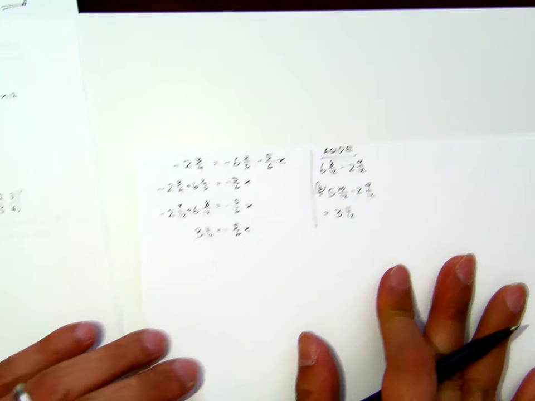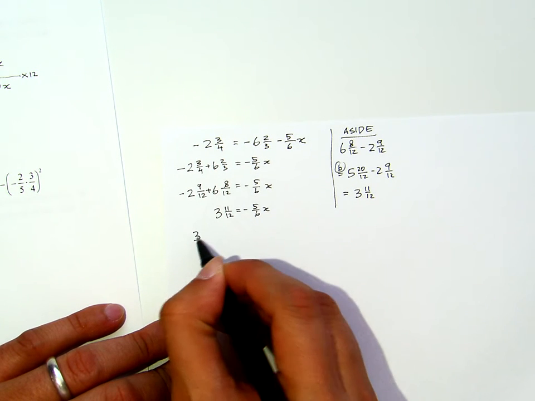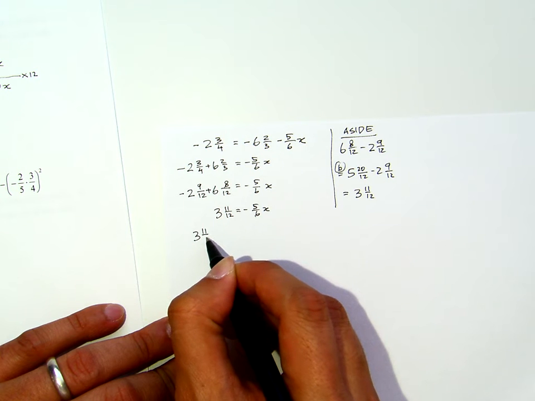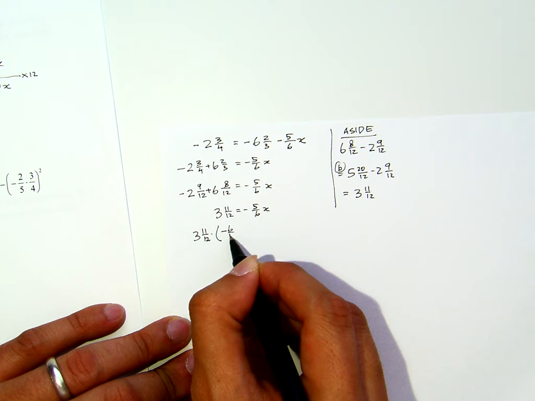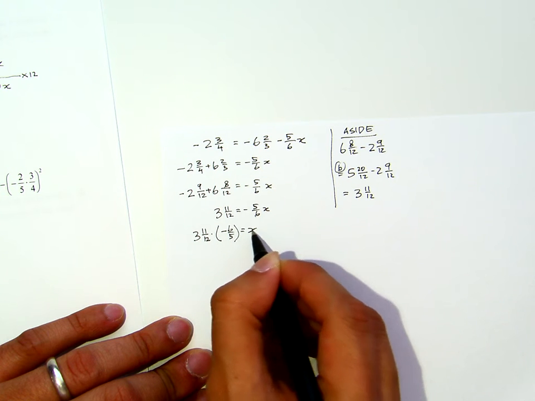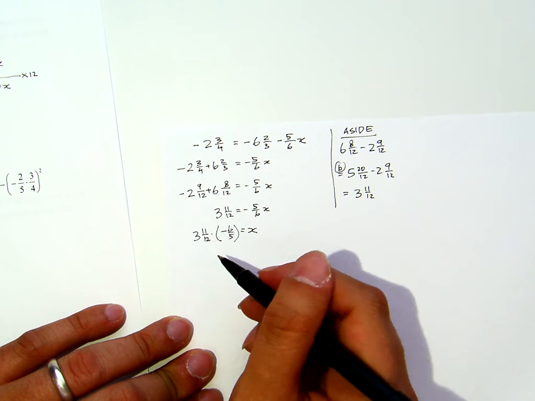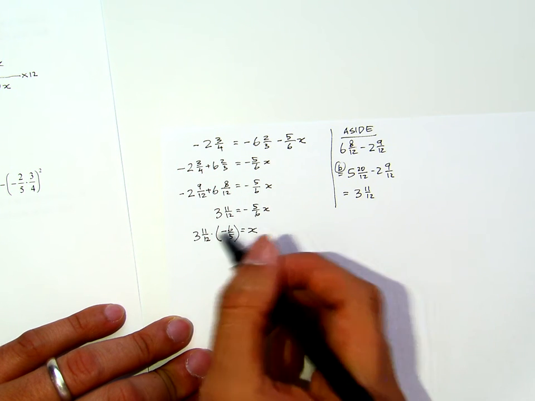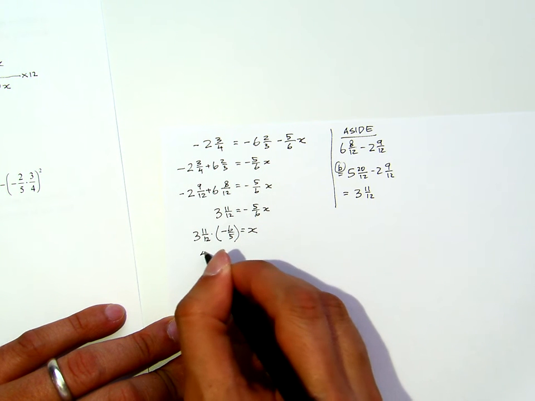Okay, the next thing I will do is to undo this multiplication, which means I divide the other side by negative 5 over 6, or multiply it by negative 6 over 5. Now to multiply mixed numbers, I need to change that first to improper fractions. 36 plus 11 is 47.